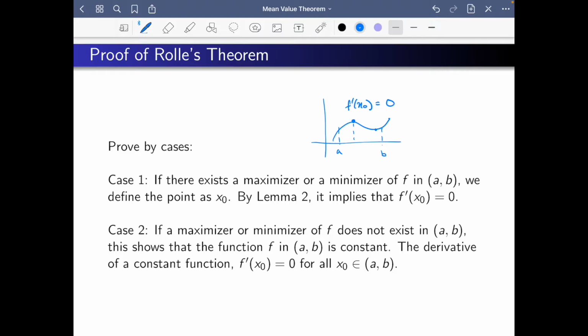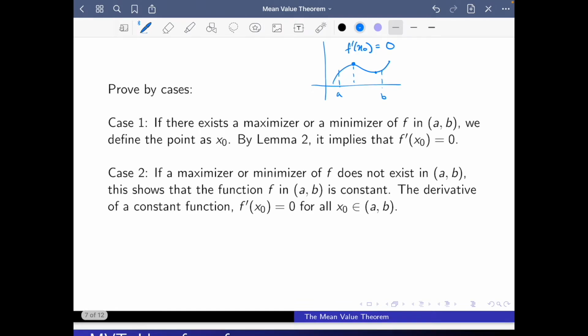So how about when there doesn't exist any maximizer or minimizer in between a and b? Maybe you draw it out for easier understanding. If in between a and b it doesn't have any maximizer or minimizer, it means it's a flat one. Since it doesn't go up or down, it remains the same over the whole interval. But this also shows us something: if it remains constant for the whole interval, it has a gradient of 0.